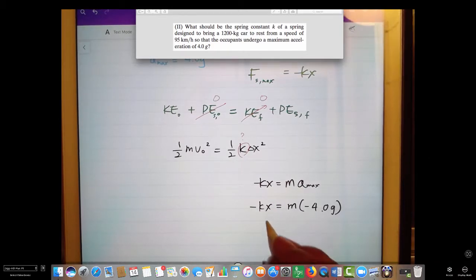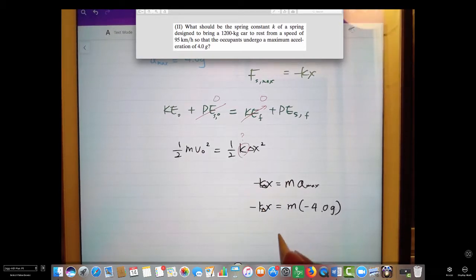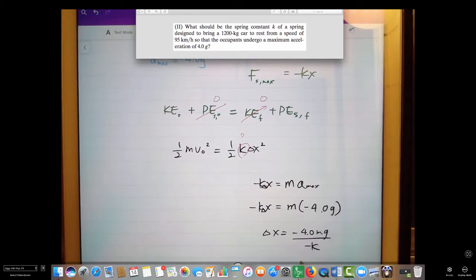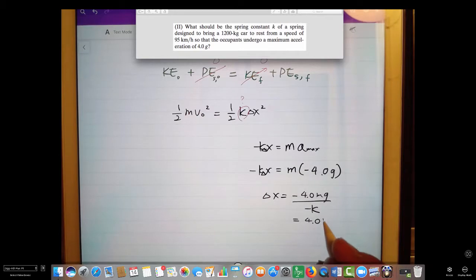We look for delta x, technically. We're going to look for delta x and just divide each side by negative k, the spring constant. You get negative 4.0 mg divided by negative k. The negatives cancel out, and you have 4.0 mg over k.